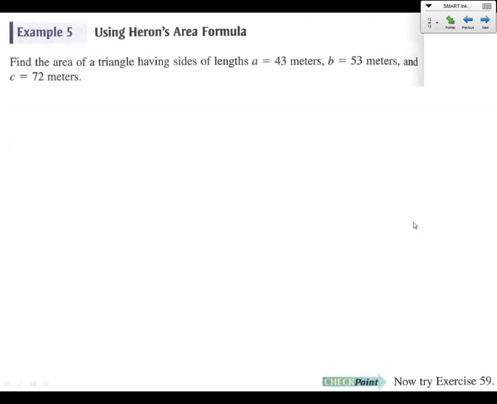Let's find the area of this triangle, 43, 53, and 72. First, we need the semi-perimeter. Add them up. 43 plus 53, that's 96, plus 72 is 168, divided by 2 is going to be 84.